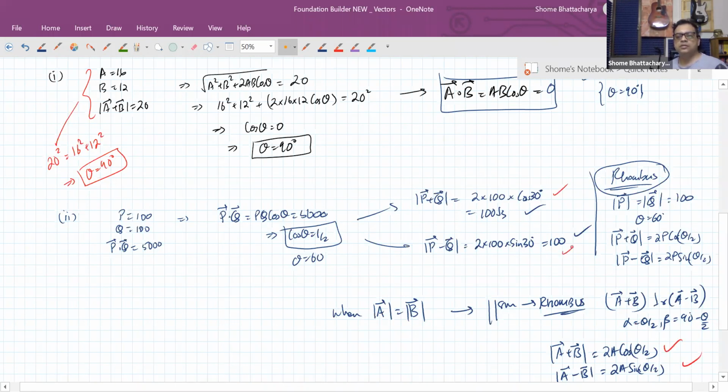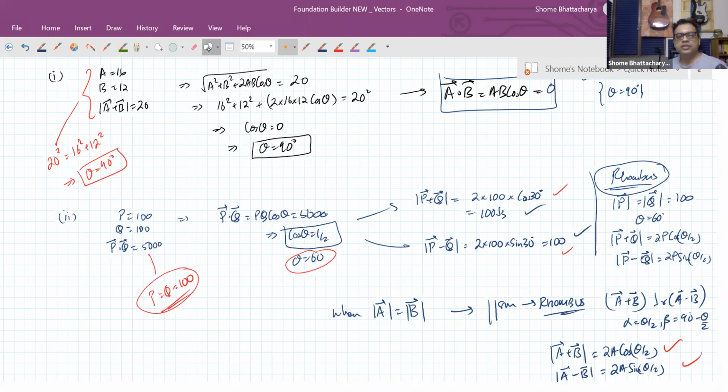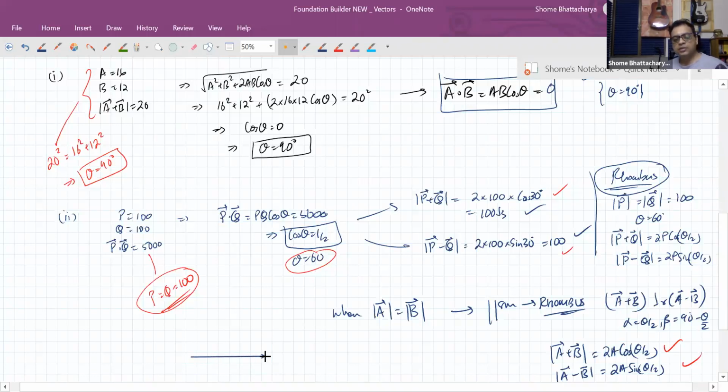This was theta is 60 and magnitude of P is equal to magnitude of Q. So basically this information, that the magnitude of both is 100 and the angle is 60, is showing us that if you draw the vector parallelogram, it will be a rhombus with this angle being 60 degrees.